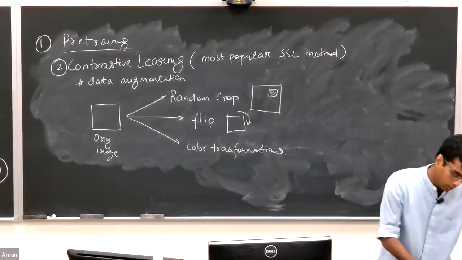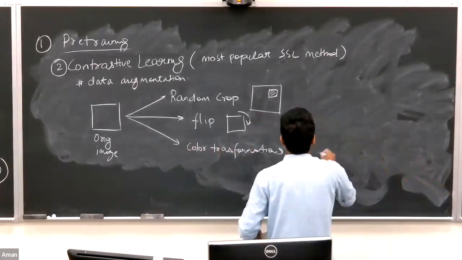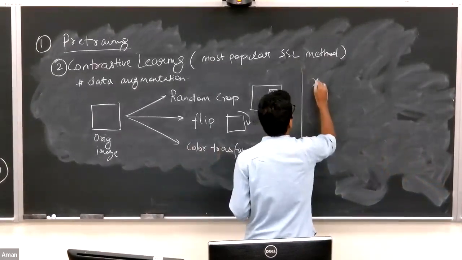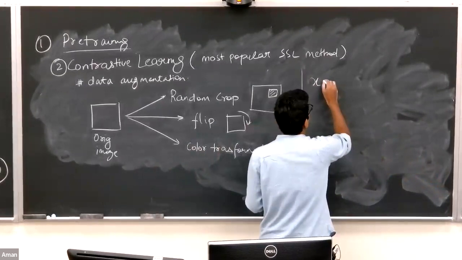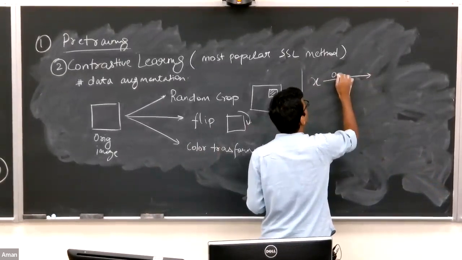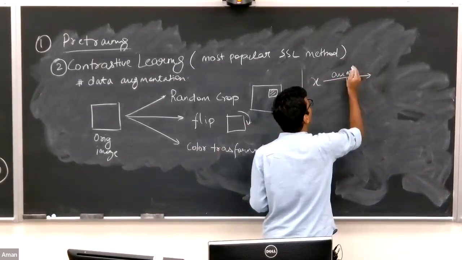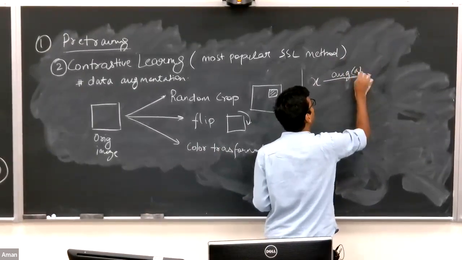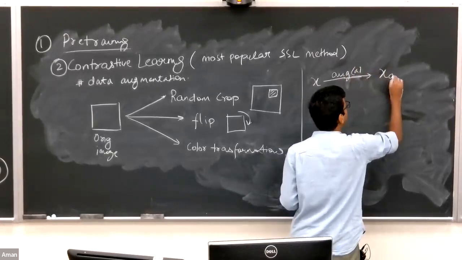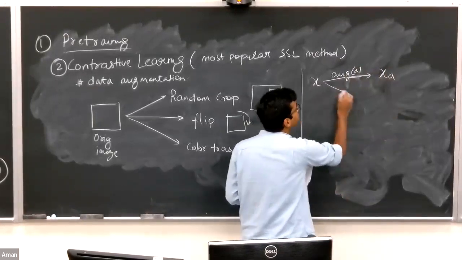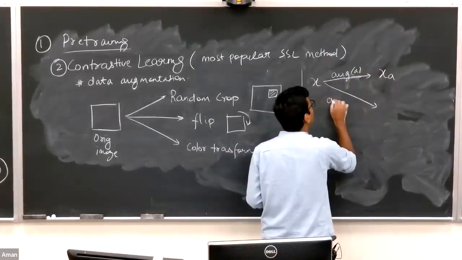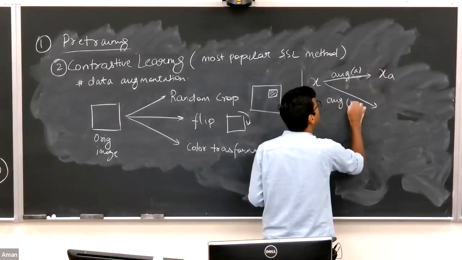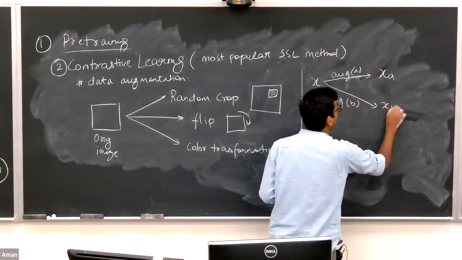We want, let's say we have a data point X, and we apply augmentation A on this to get XA. And we also apply another augmentation B on it to get XP.